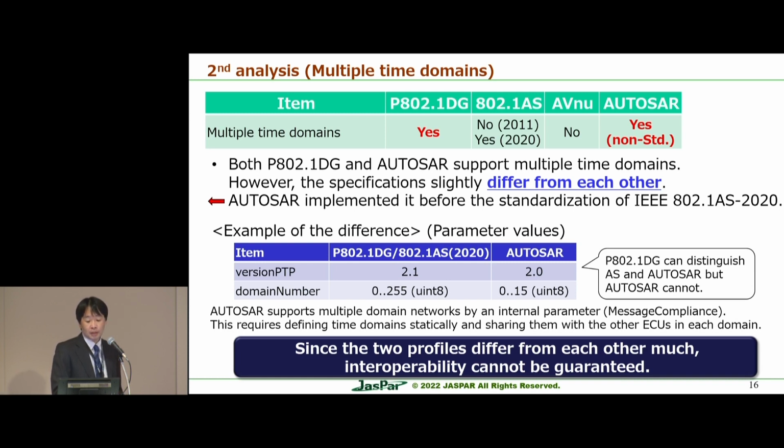On the other hand, Automotive is from 0 to 15. As I mentioned, since the two profiles differ from each other much, interoperability cannot be guaranteed. We'll show you the case study of the interoperability in the next slide.